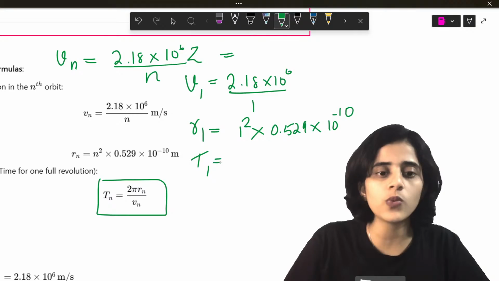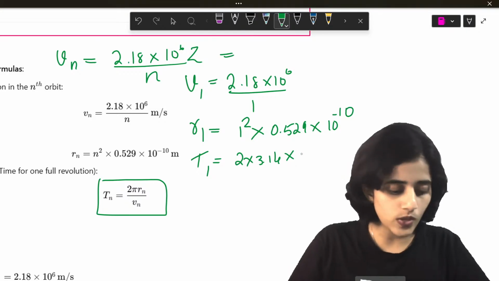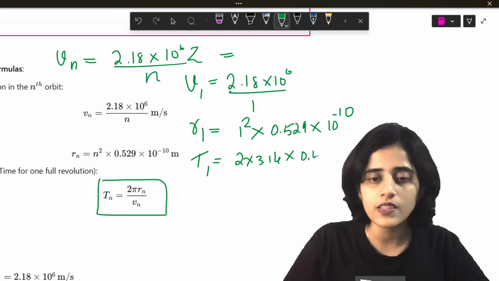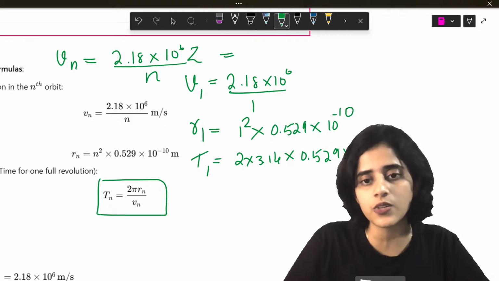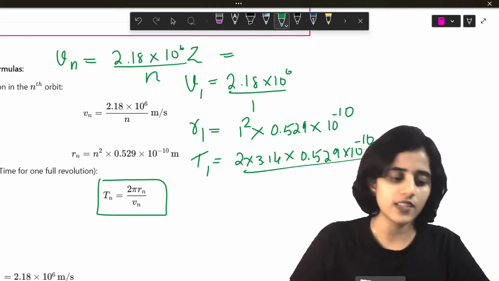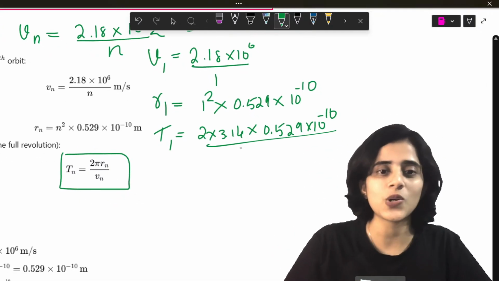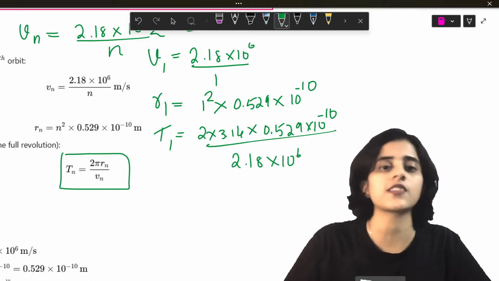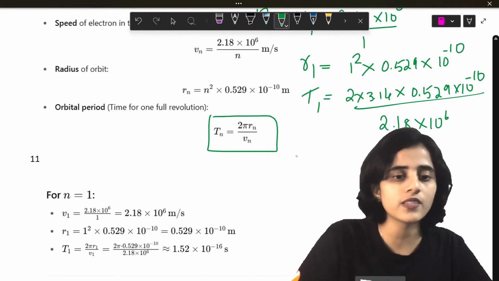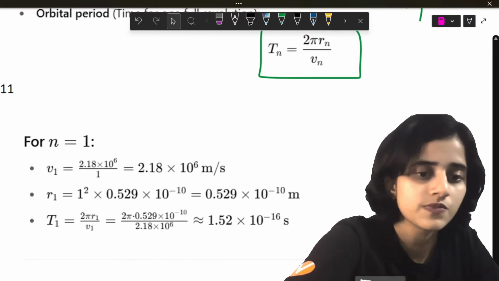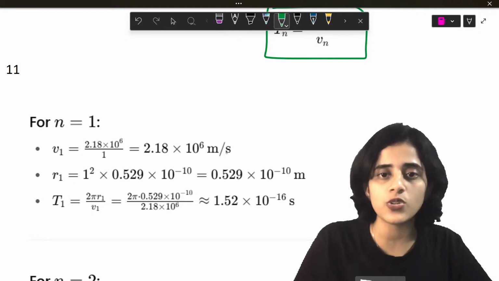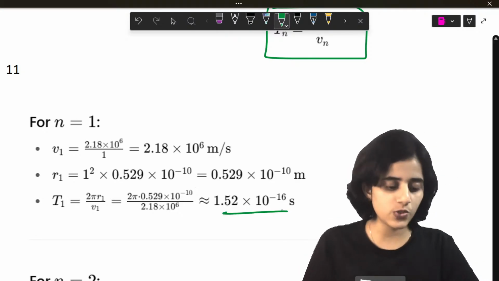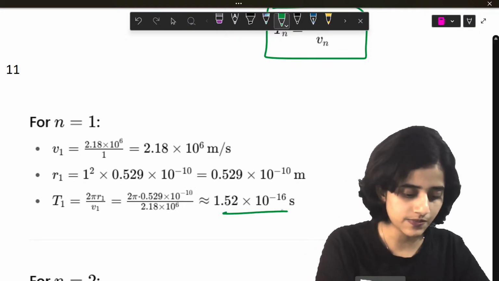Now T1 will be 2 into 3.14 into R1, which is 0.529 into 10 raised to minus 10, the whole divided by 2.18 into 10 raised to 6. If you do the math, you will get 1.52 into 10 raised to minus 6.